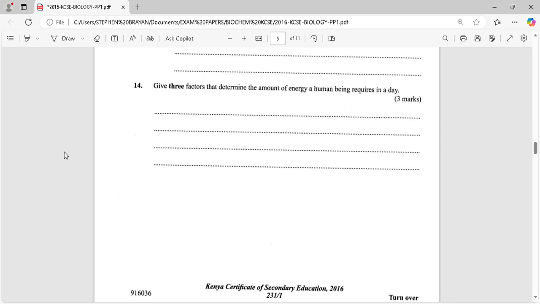There are several factors that will determine the energy requirement in a human being, and I'm going to start by noting them here. The first factor is age. Always ensure that your answer starts with capital letters. The second factor is occupation.